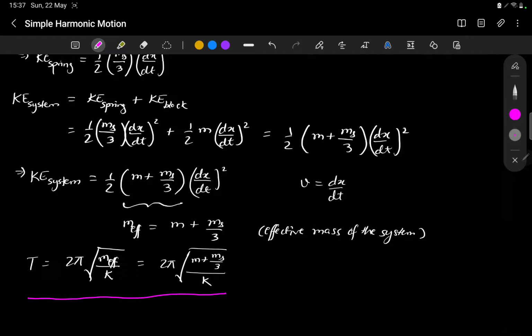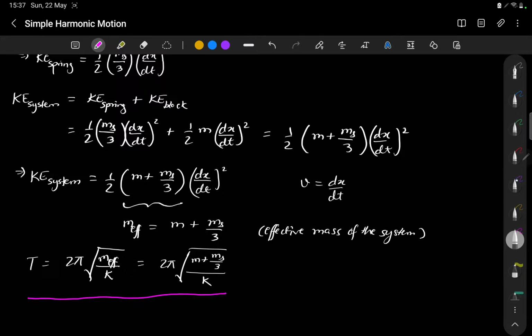So this is the time period for a spring with mass, where the mass of the spring is much smaller in comparison to the mass of the block attached to the spring. In such a case we get the following time period of the system.